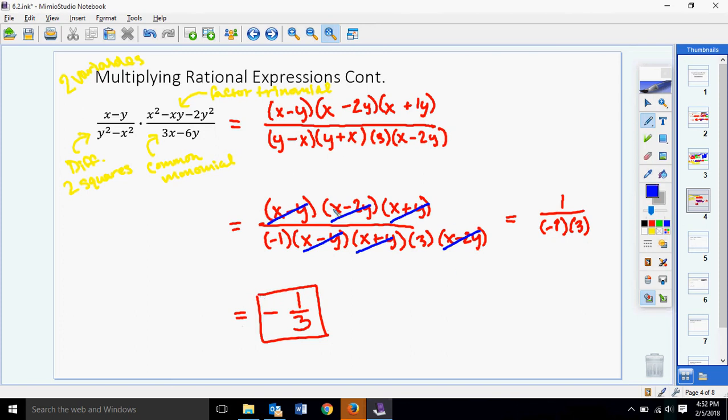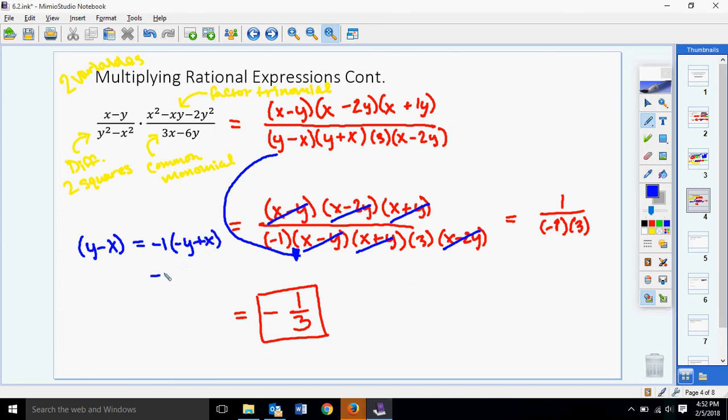If you're still a little confused on how I went from y minus x to x minus y, maybe this would help you. Y minus x, and I'm factoring out a negative. So taking out a -1 would change this to -y and positive x.